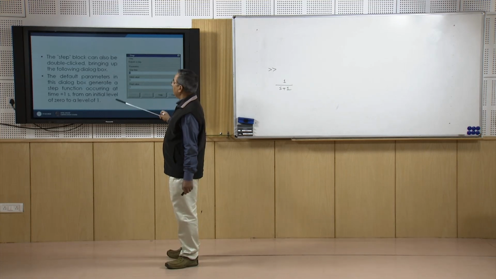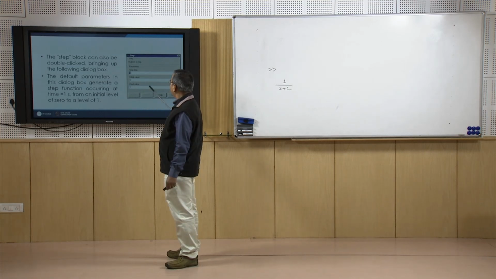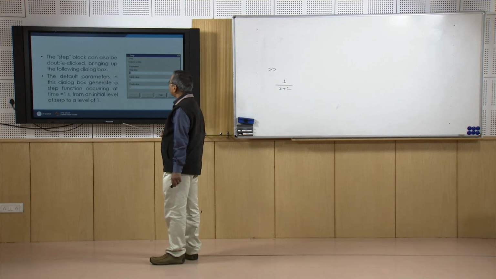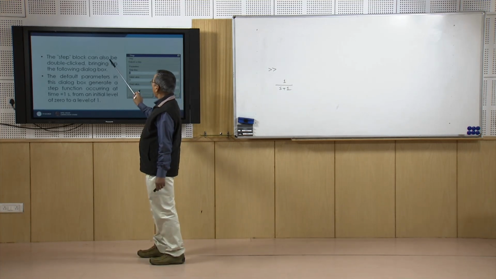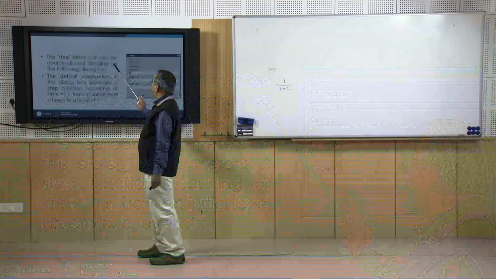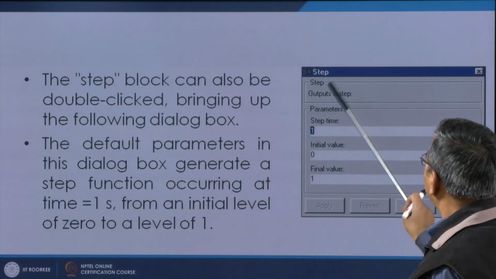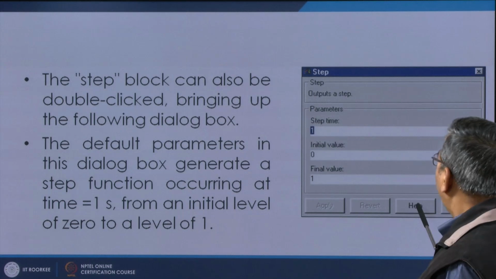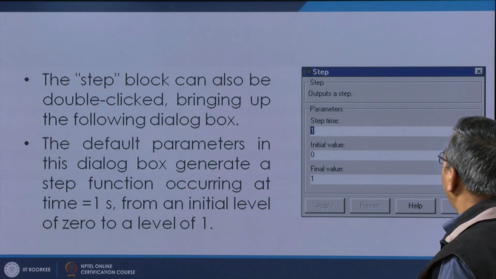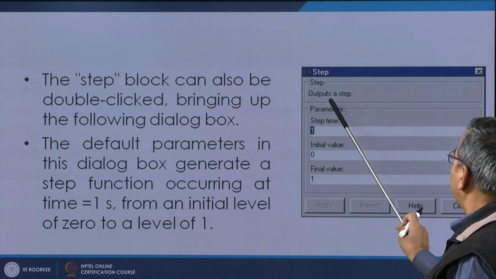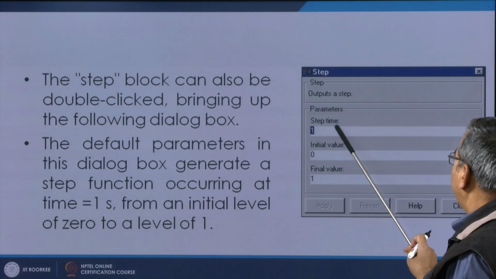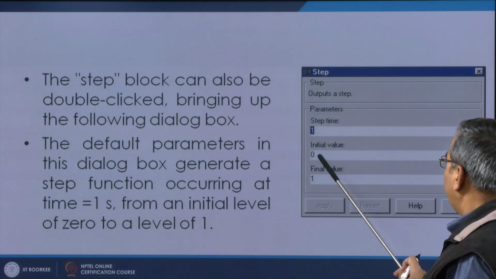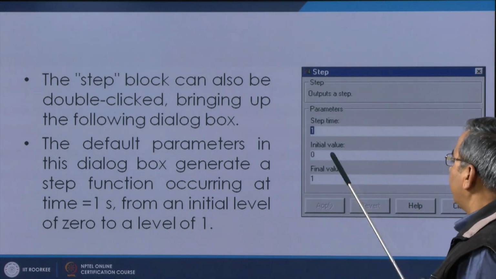Now, let us see the setting of the parameters in the input or source. The step block can also be double clicked, bringing up the following dialog box, where it says it outputs a step. Here step time is 1 second, initial value is 0 and the final value of step is 1.